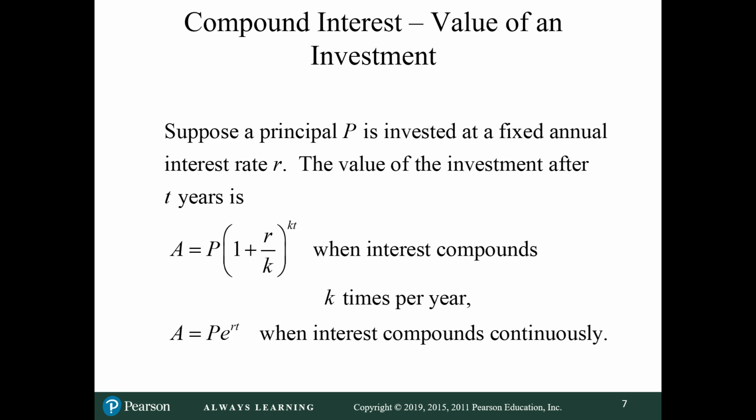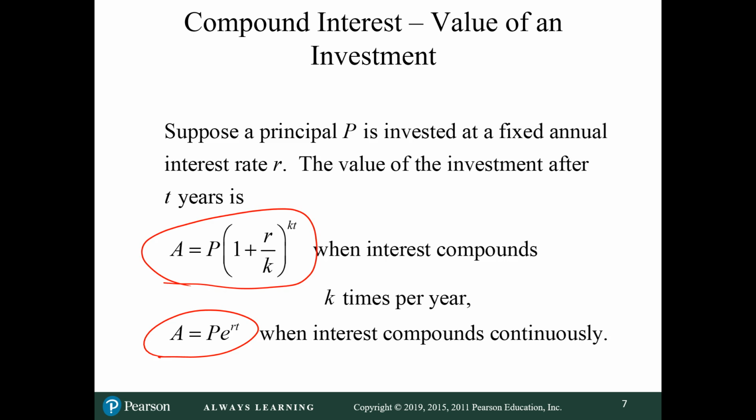Per second it is slightly different, but continuous, they are so close to each other, it's basically about the same. But continuously is a much easier formula, much quicker to get it. So this is continuously. This is a certain number of times per year.